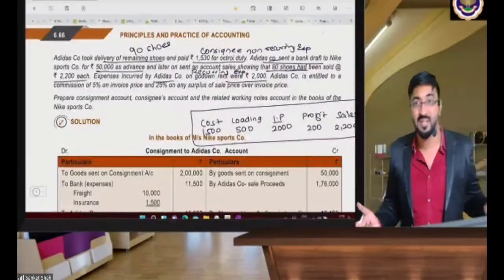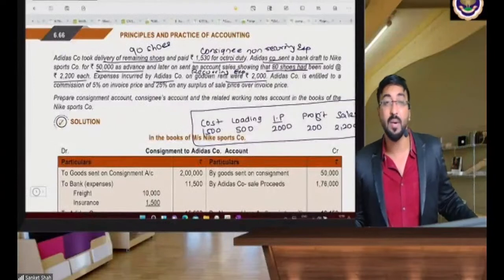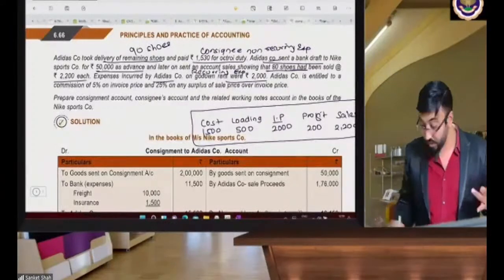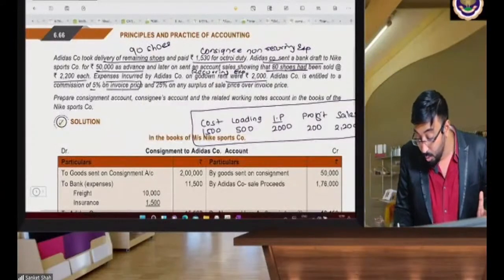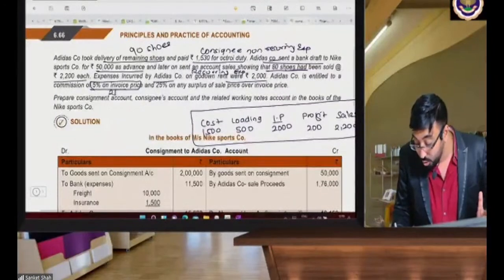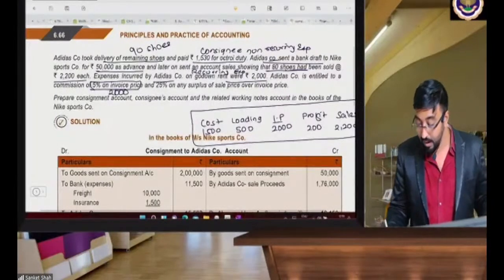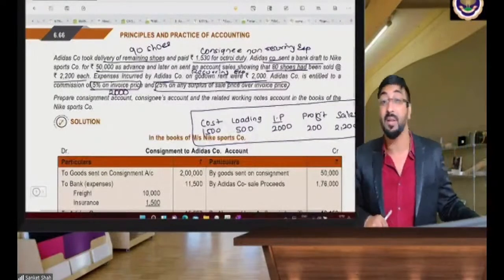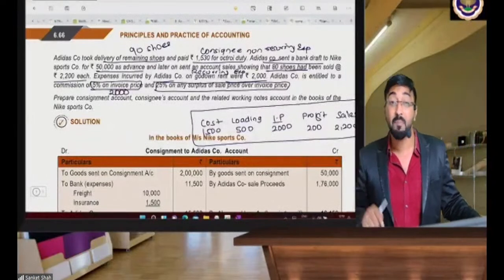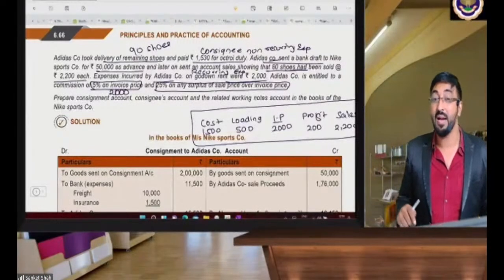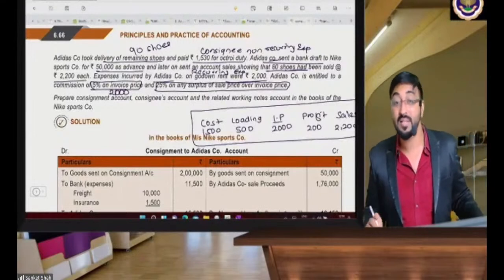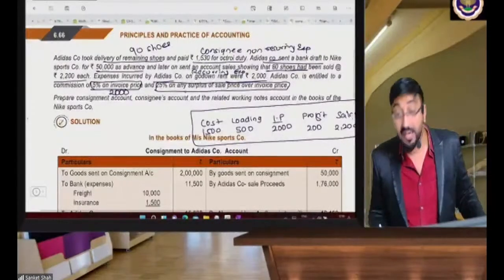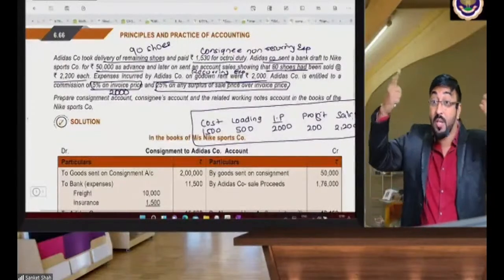So it's very easy. And Adidas company is entitled to commission. Now see, 5% on invoice price. Now invoice price is, beta, 2,000. And 25% of surplus over invoice price. Now beta, this surplus is called overriding commission, extra commission over invoice price.